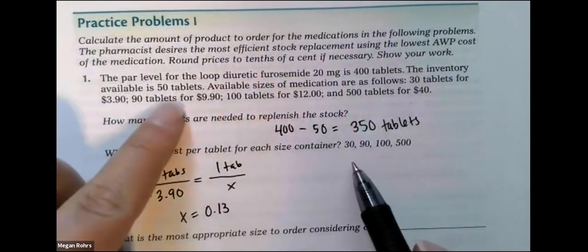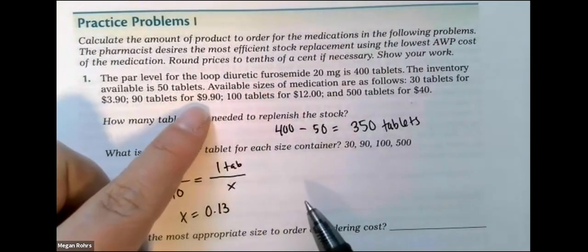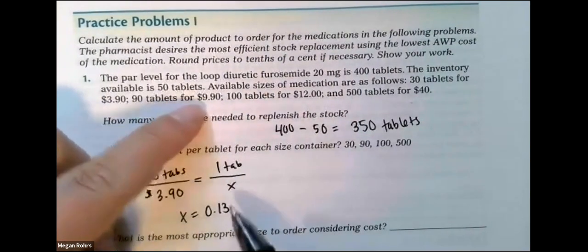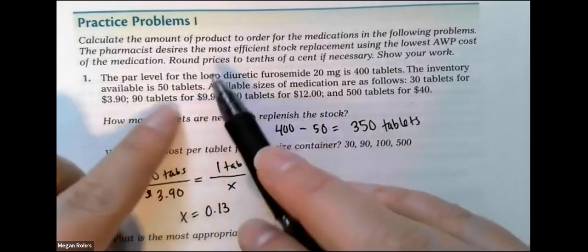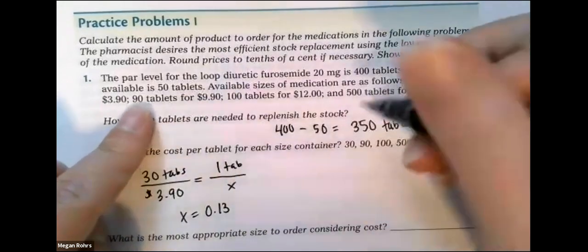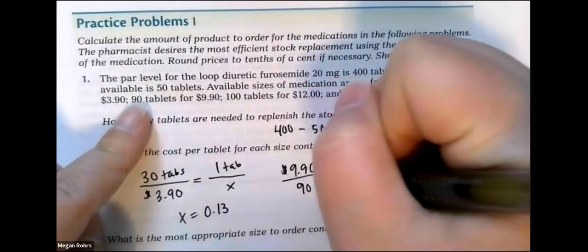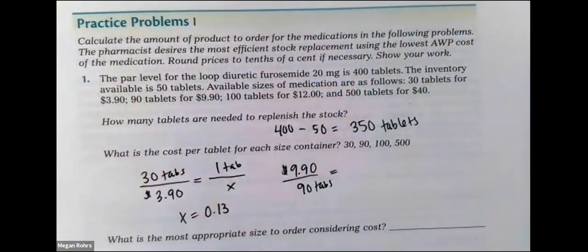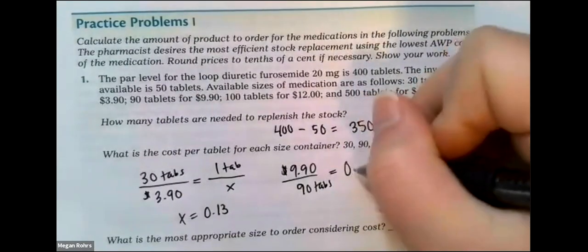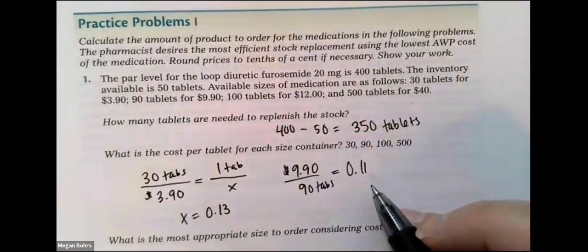Now for the 90, we have 90 tablets for $9.90. If you want to use ratio and proportion, you can set that up just like we did here, or we're just basically taking the cost divided by the amount. So we have $9.90 divided by 90 tabs, and that gives us 11 cents per tab.